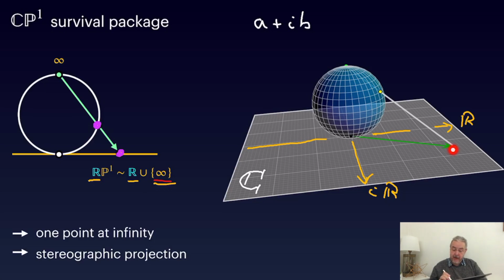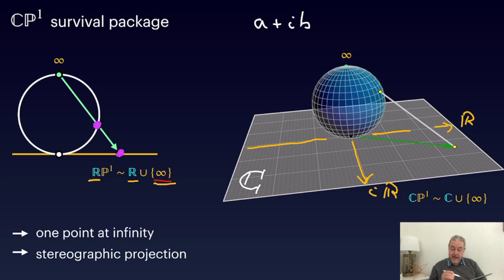And also here you get a one-to-one mapping of the points on the plane to all points on the sphere, except for one special point, the point at infinity.